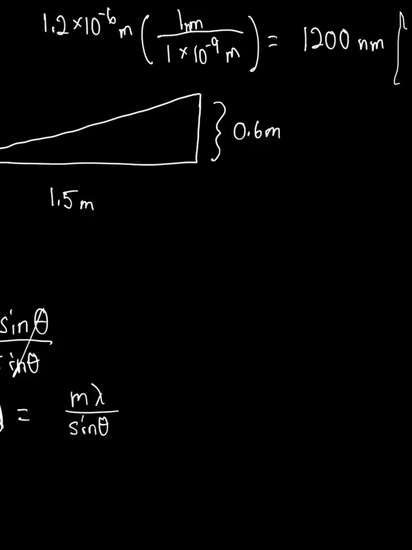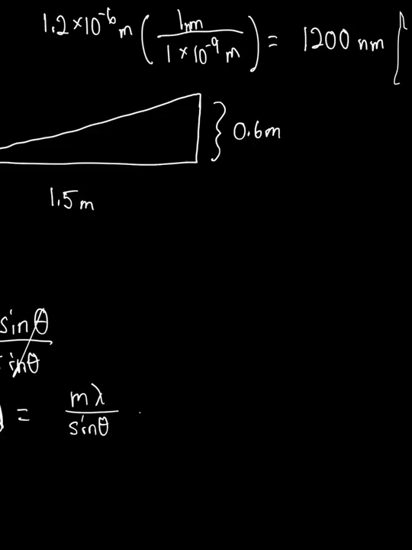Okay. Do I know any of these things? Do I know what m is? M is the order of the bright spot. So m is always an integer. This is the brightest spot. The brightest fringe spot is the first order bright spot.